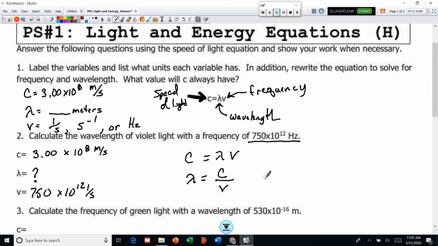So plugging that in, wavelength is equal to 3.0 times 10 to the 8th meters per second over 750 times 10 to the 12 1/seconds.